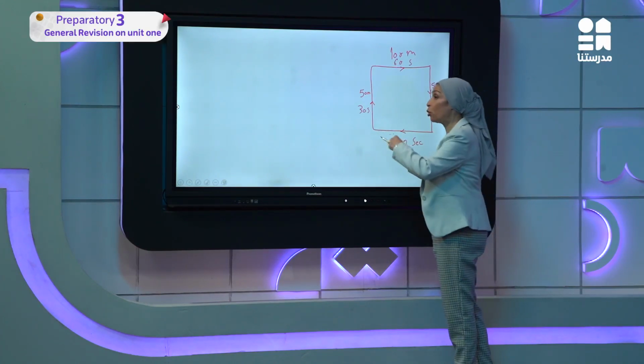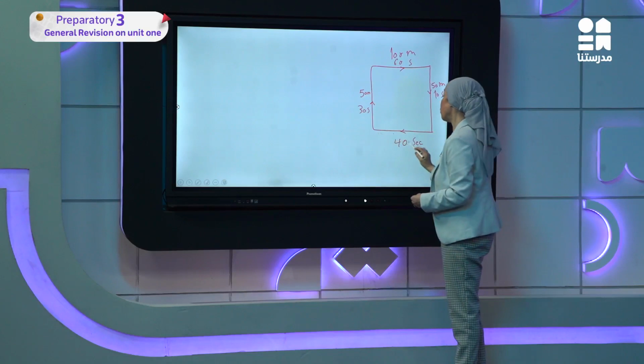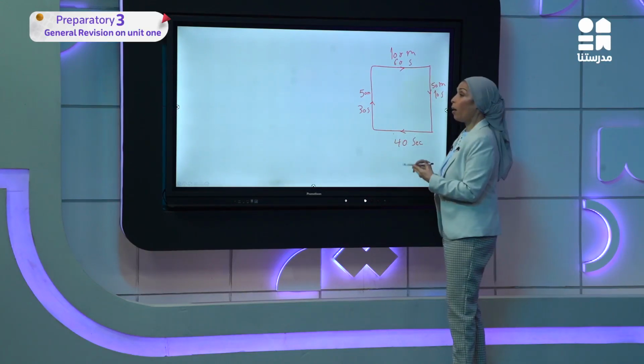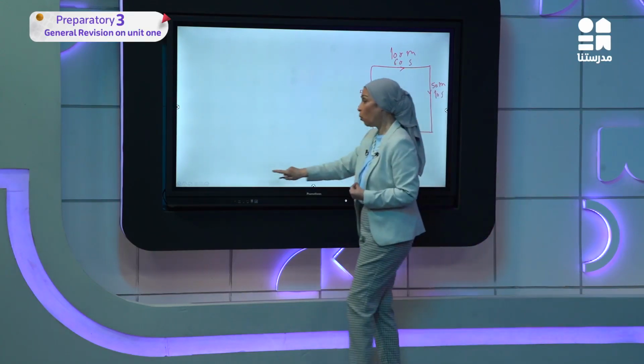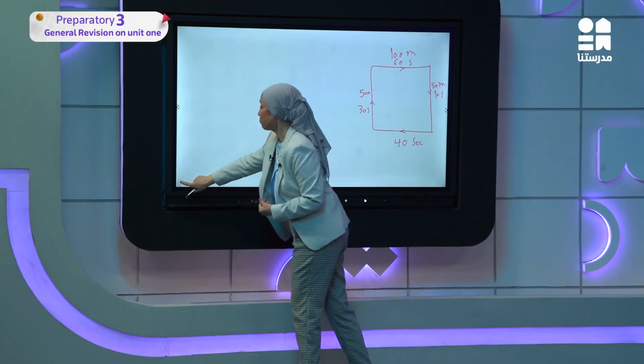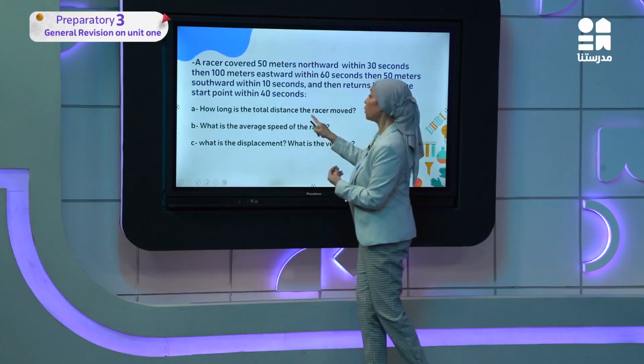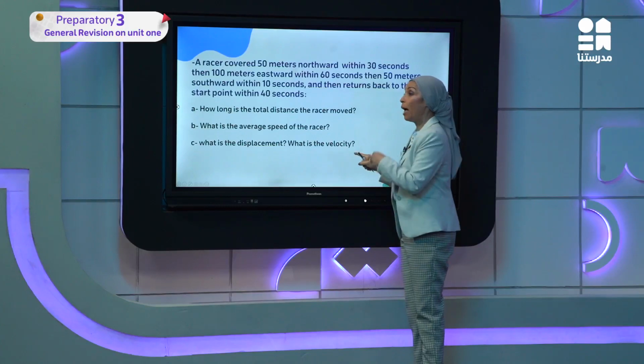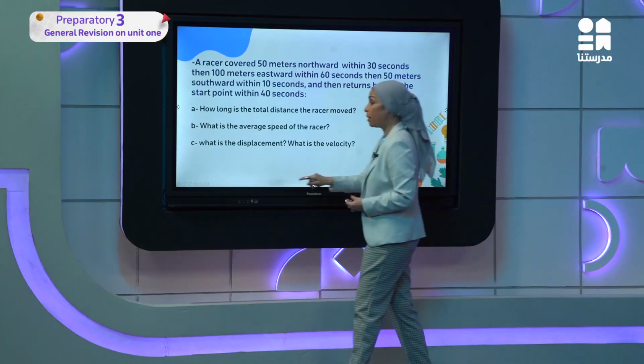We should pay attention to the words return back to the starting point, covering 40 seconds. Here, when they asked how long is the total distance the racer moved, I need to calculate the total distance.